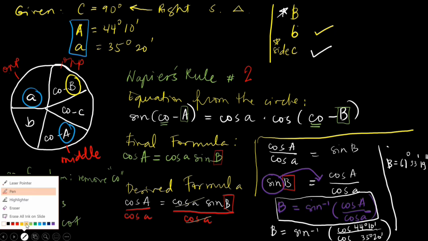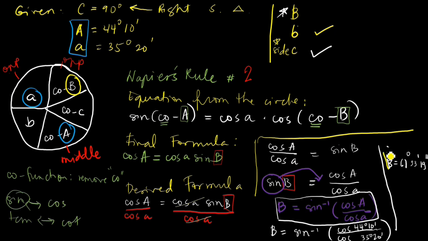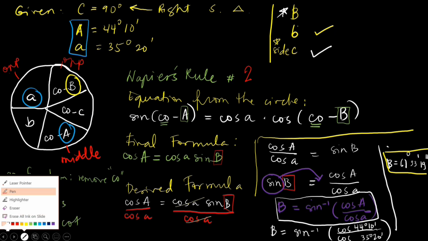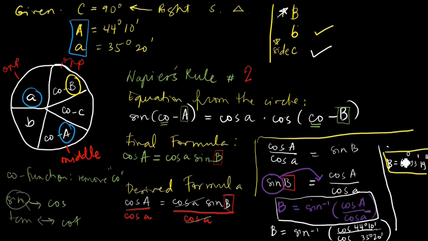Okay. So this is the answer on B. Angle B measures 61 degrees, 33 minutes, and 19 seconds. So that's it for the right spherical triangle.